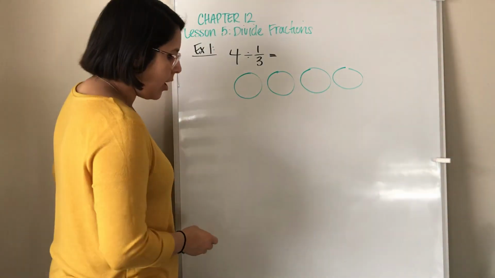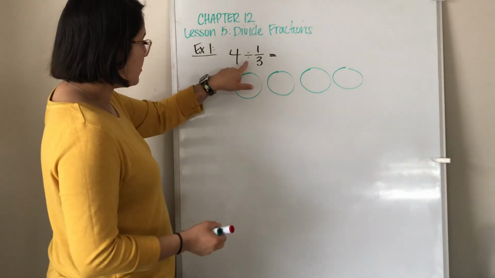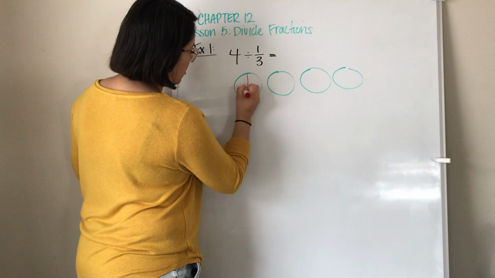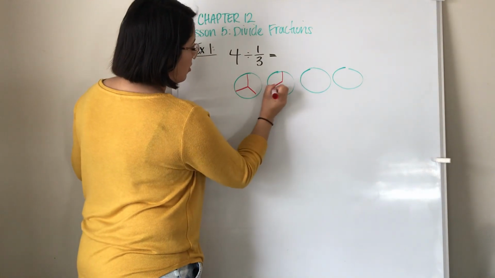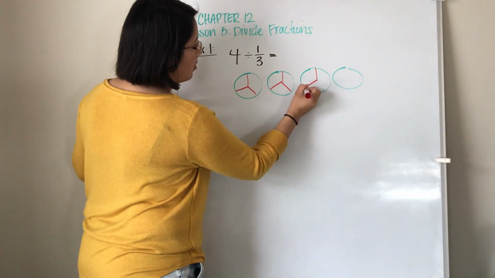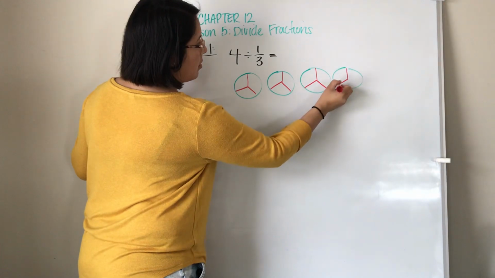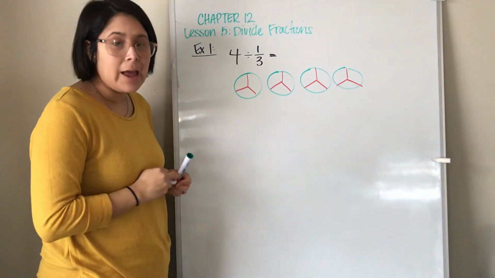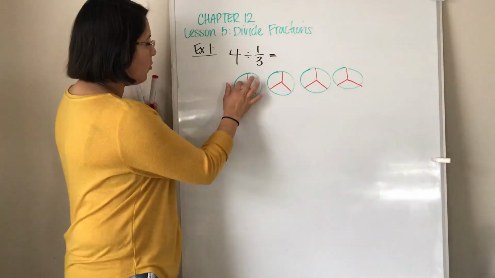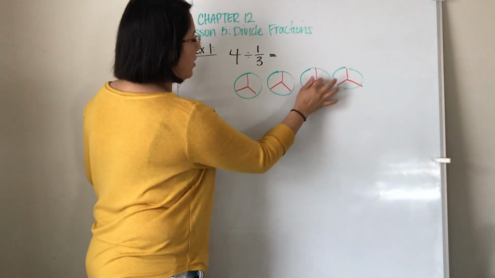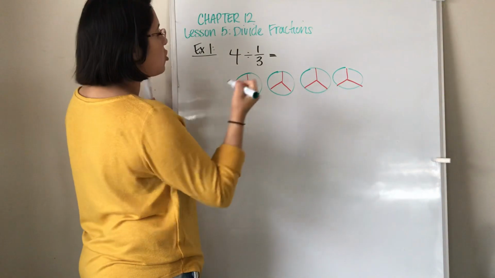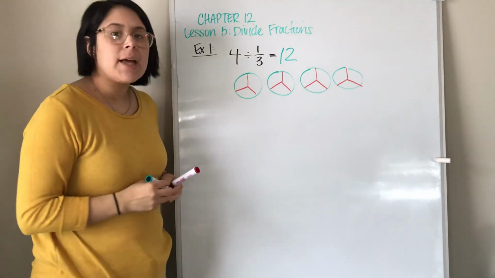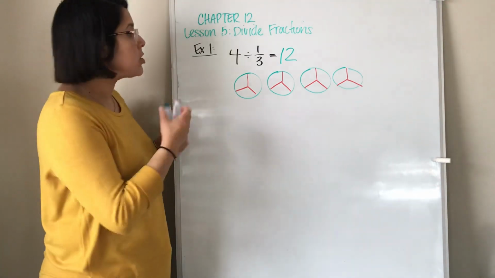So I'm dividing 4 divided by 1/3, so I'm going to divide them into thirds. Equals what? How many thirds do I have now? I have 1, 2, 3, 4, 5, 6, 7, 8, 9, 10, 11, 12. So my answer is 12. That's what it looks like. That's what we're talking about.